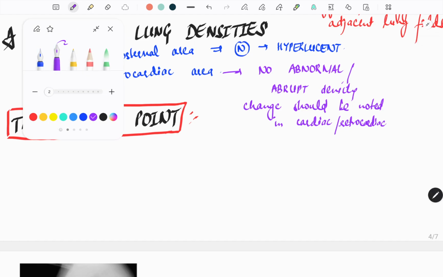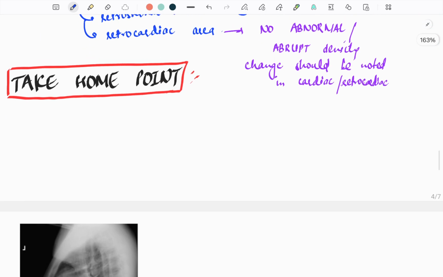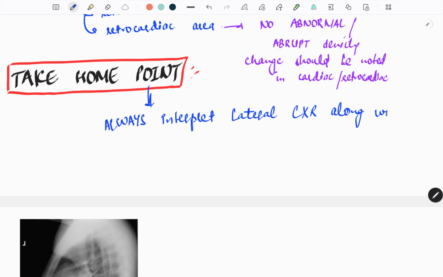At last, we'll come to the most important take home point from this class. Always interpret the lateral chest X-ray along with the frontal chest X-ray.